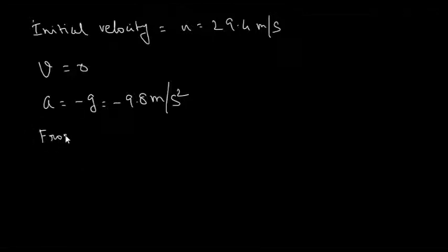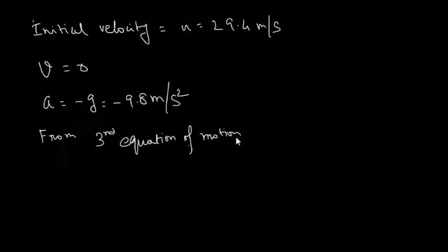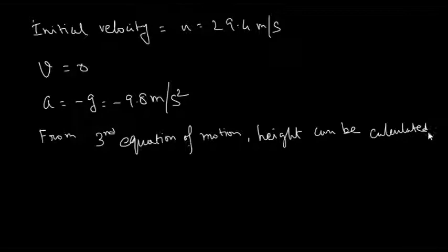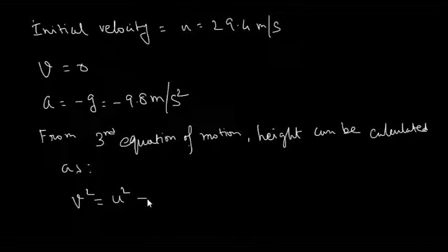From third equation of motion, height can be calculated as v square minus u square is equal to 2gs.